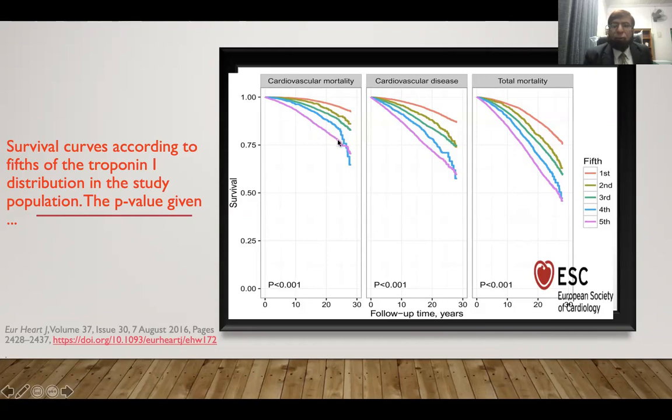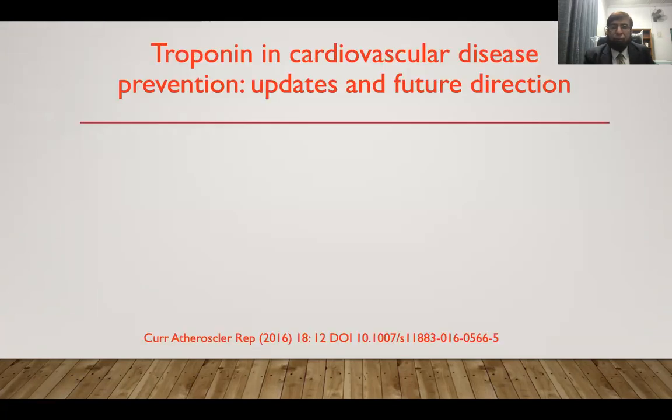So you can have a continuous assay relationship. That means as the troponin value increases in a general population without disease, they are more at risk of developing cardiac disease or MI.